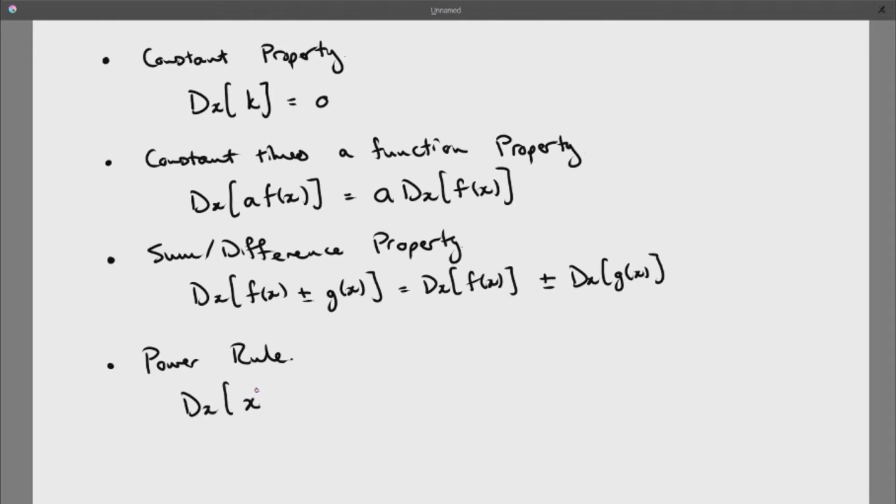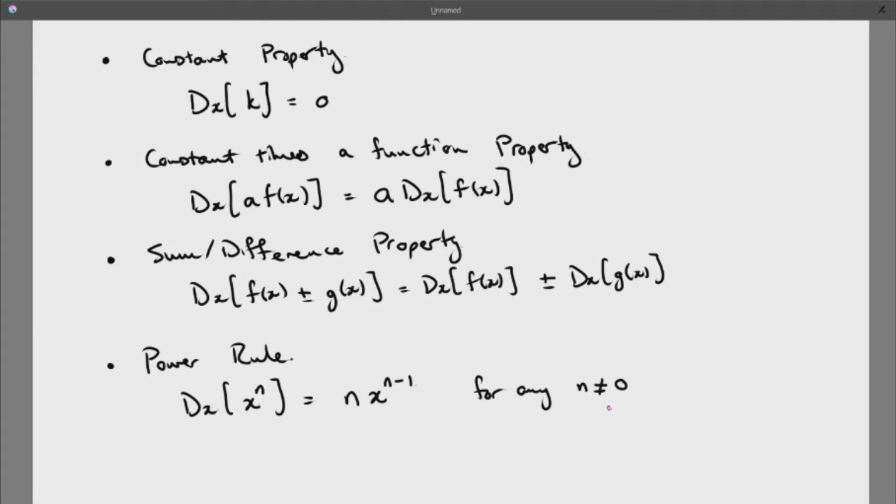If I have a basic power of x, then the number goes in front, the new power of x is 1 less. For any number n, of course not 0, I need to actually have a power of x. And if it's 0, then that reduces to 1, because anything to the power of 0 is 1.